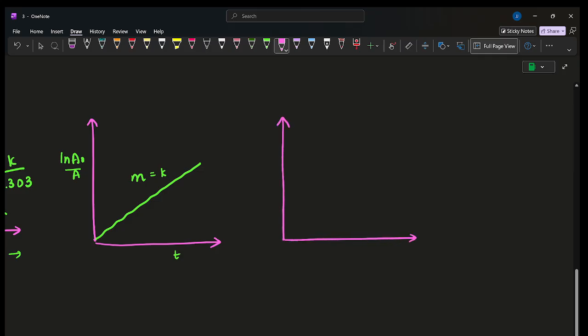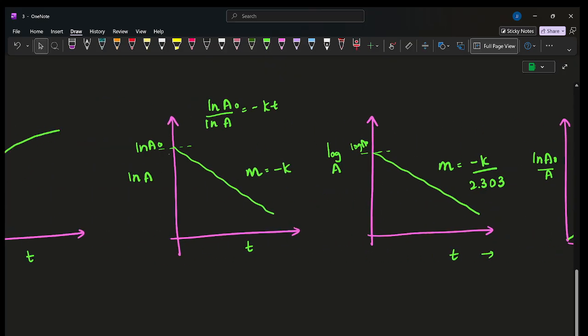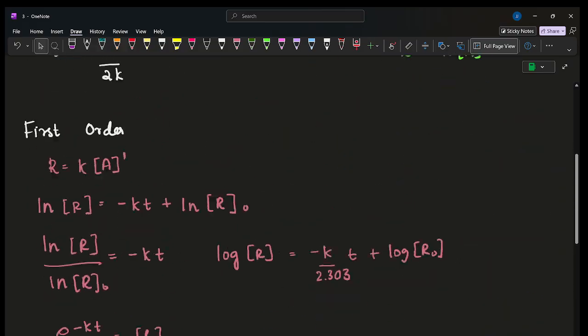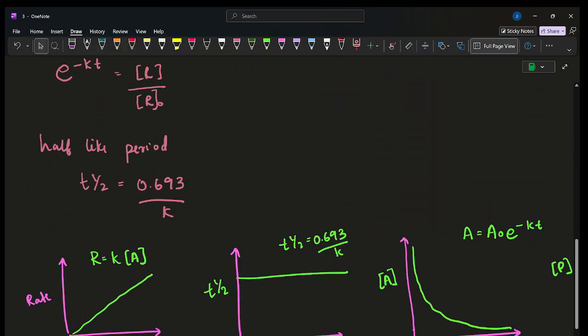And if you take log A naught by A and time t, again we have a straight line, but this time m is going to be K by 2.303. Simple, cool, awesome. This is all about first order.